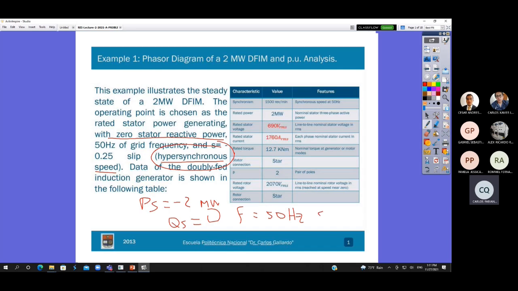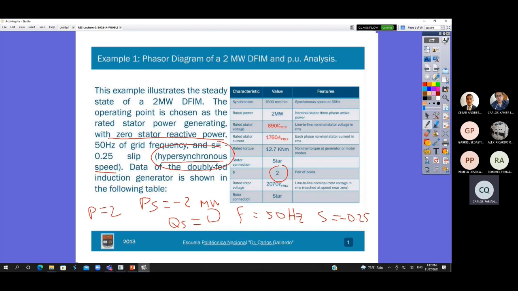Okay, the slip is hypersynchronous, meaning negative 0.25. The number of poles, according to the problem, is given. This is the data from the table.